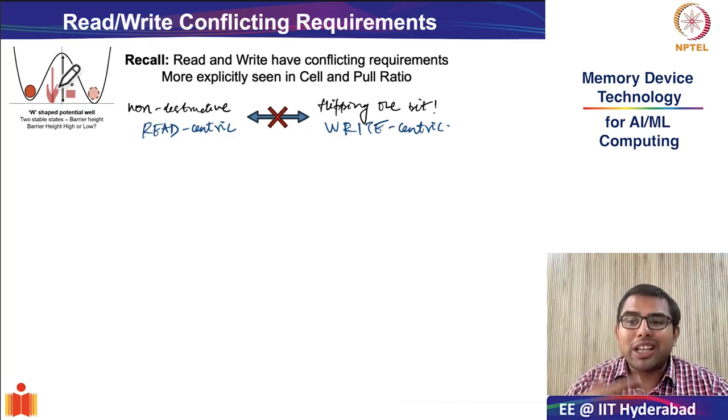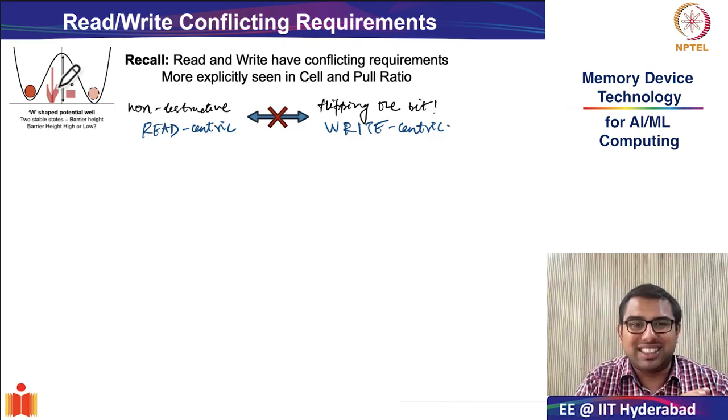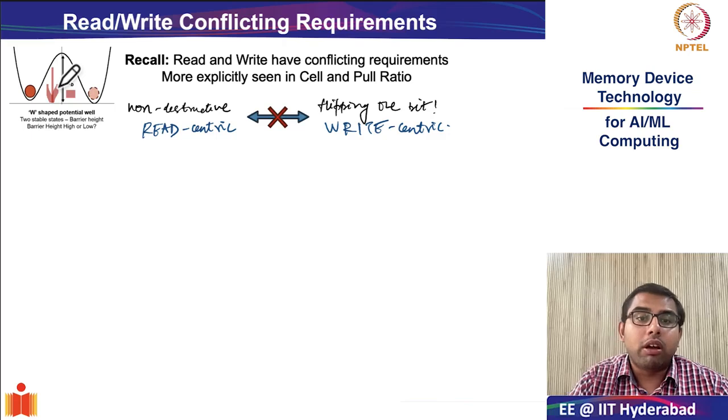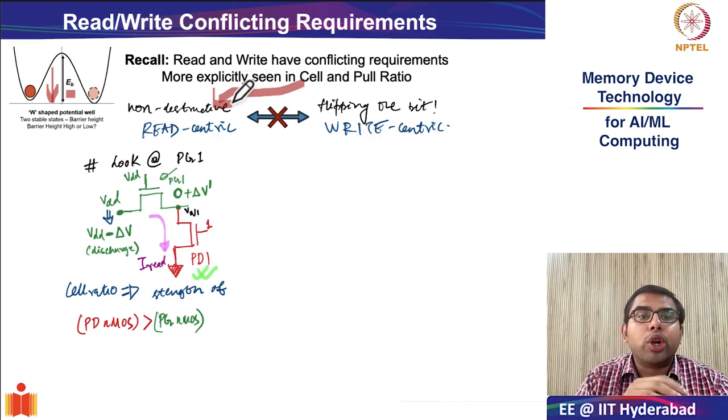Now, whatever I am explaining intuitively in words can be very easily explained from the design perspective of the SRAM cell. If you look at the competing requirements for cell ratio and pull ratio, things become very clear. Remember, the cell ratio was introduced to make sure that your read operation is inherently non-destructive.